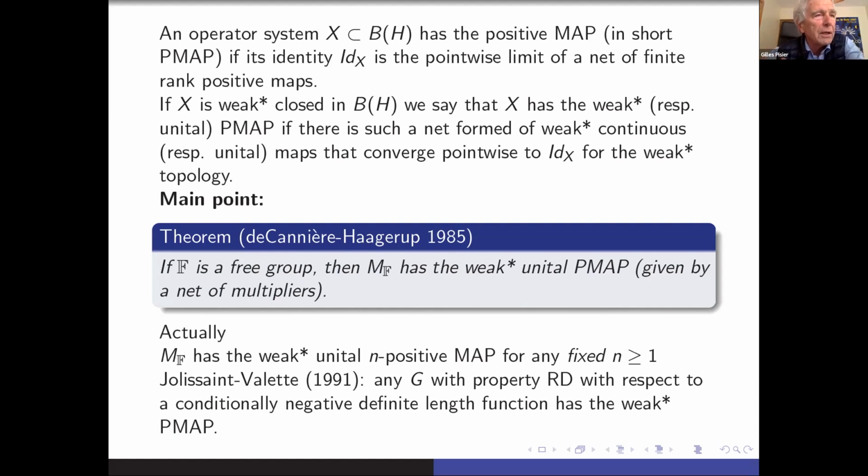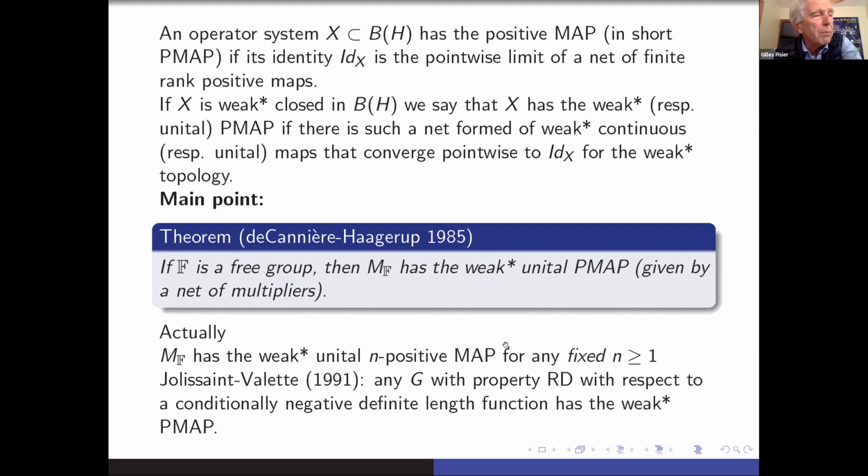And the approximation by finite rank maps is obtained by a net of multiplier transformations. So actually it's a very good approximation, even better than just plain approximation by finite rank. It's done by multipliers. It's not well understood what this means exactly.